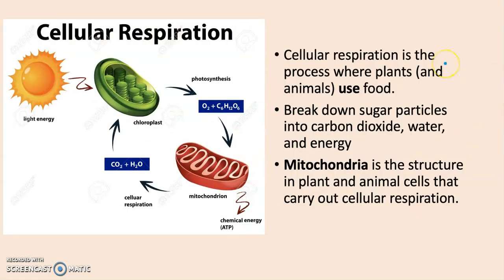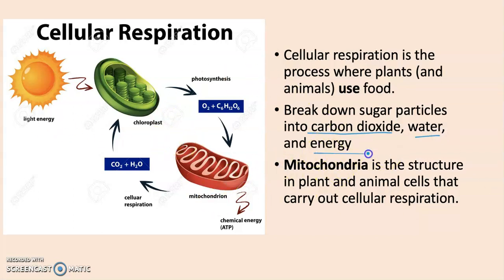Cellular respiration, on the other hand, is the process where plants use this food. Right, they've made it through photosynthesis. Now they need to use this food to make energy. We do this too, by the way, in our bodies. We have cellular respiration happening. We're breaking down sugar particles into carbon dioxide, which we breathe out, water, which we urinate out or sweat, and energy.